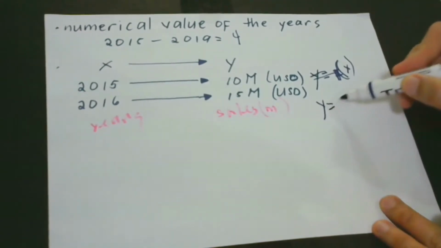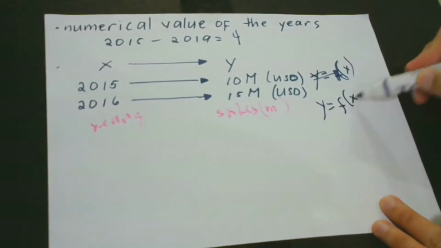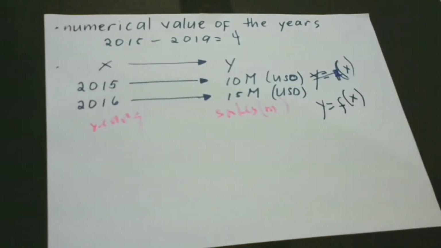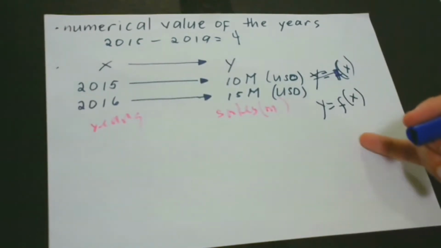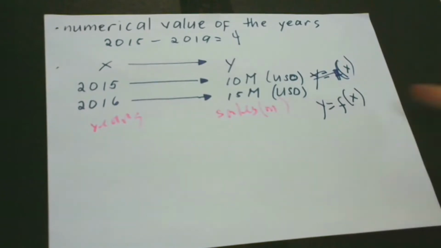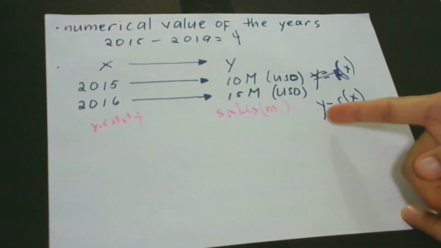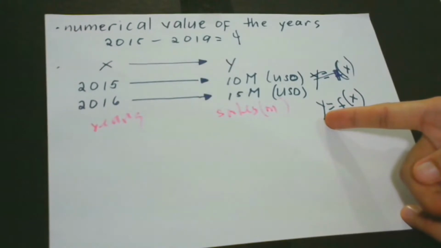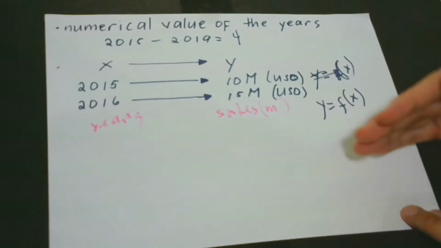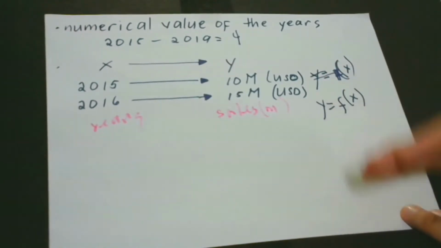Y is equal to f of x. So what does this mean? It means that if we plug in any value of x, this will result in a certain value of y.